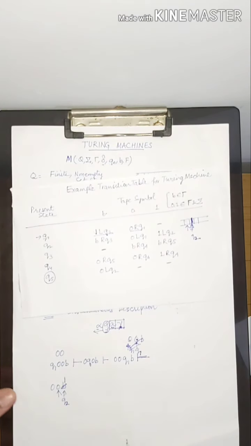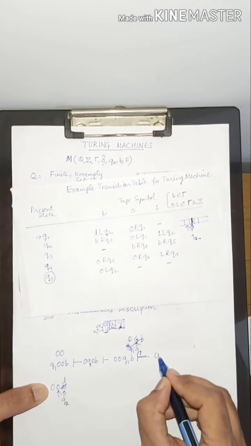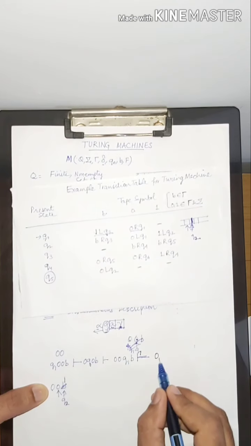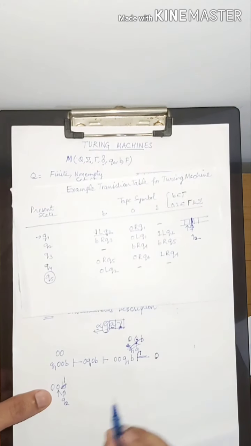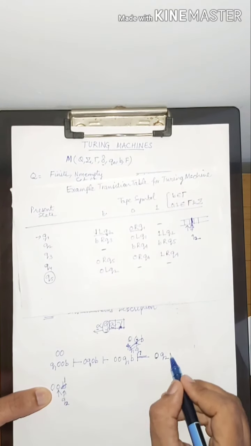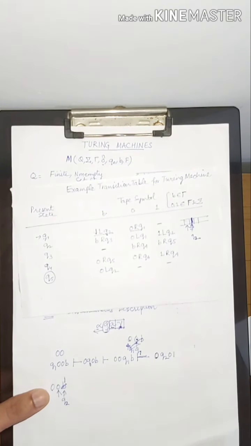Okay, so now the ID becomes 0. Again I repeat how to write the ID. 0 will be written, then you write the state Q2, then the symbol under the head, then the symbol on the right hand side. So this is the ID at the moment.